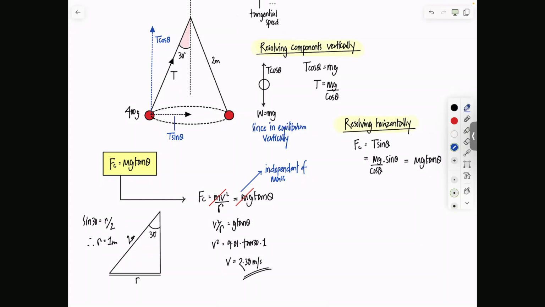Right, so since this is in equilibrium vertically, T cos theta equals mg, which is the weight. And this one is your what force? Fc? Resultant, because there's only one force horizontally.